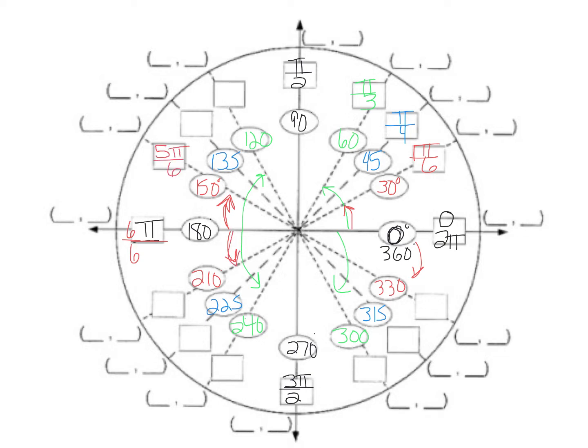If I add it in this direction, just like we did to get to 210, I would get 7 pi over 6. And then if I go back from 2 pi, we know 2 pi is equal to 12 over 6, or 12 pi over 6. If I subtract the 1/6, I get 11 pi over 6 down here. Two pages ago in the packet, that very first page of this lesson, there's more of a description of that. From here, we are going to do the 45s.